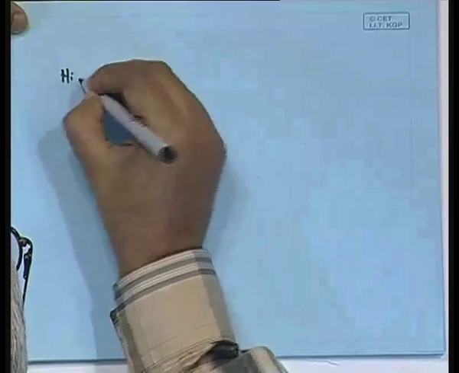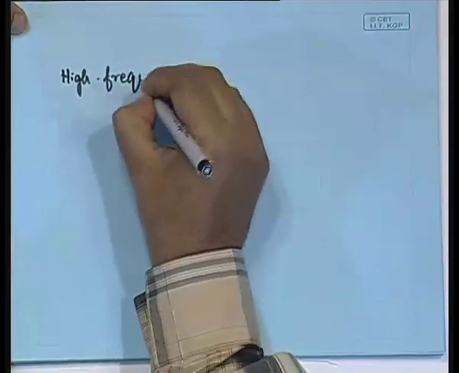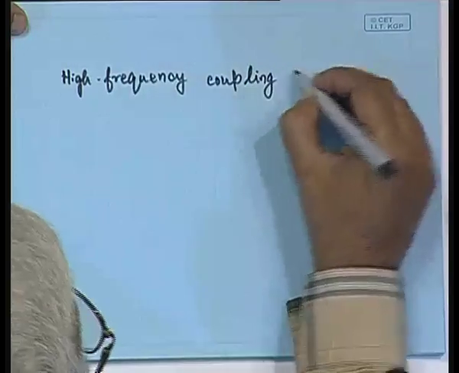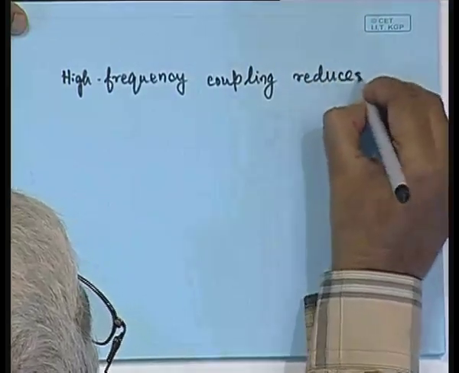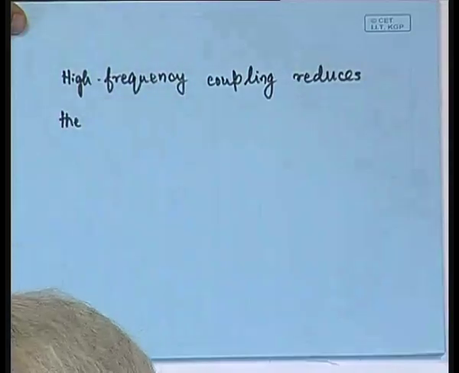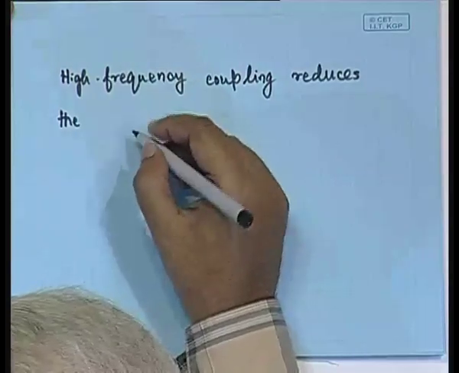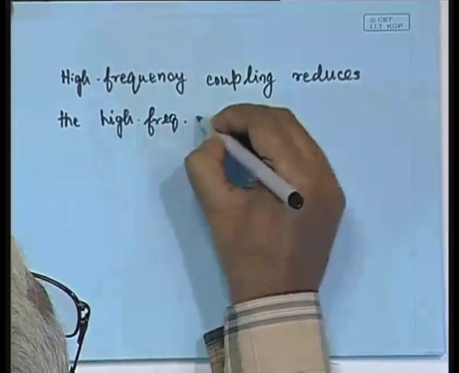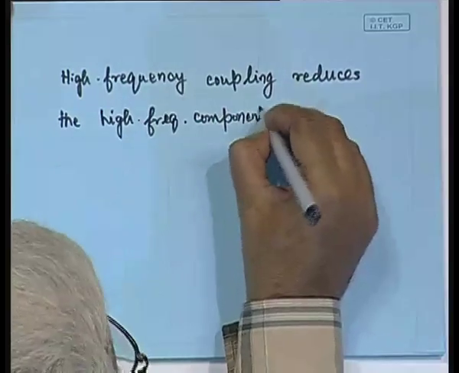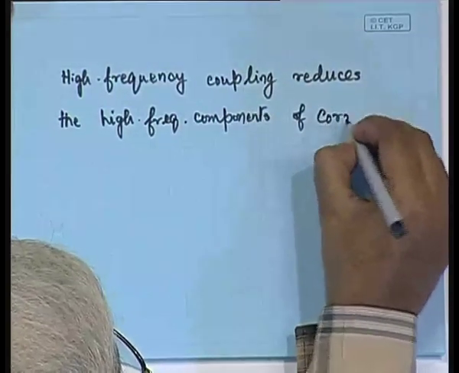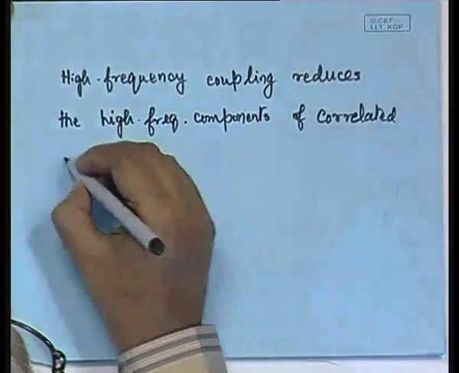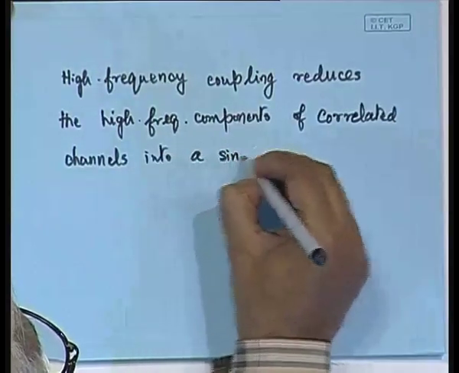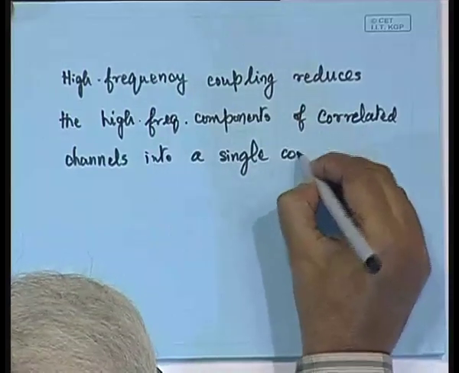So, if we are adopting high frequency coupling, then coupling basically reduces the high frequency components of the correlated channels into a single coupling channel.